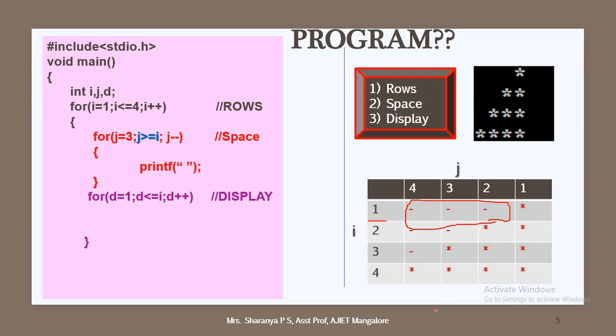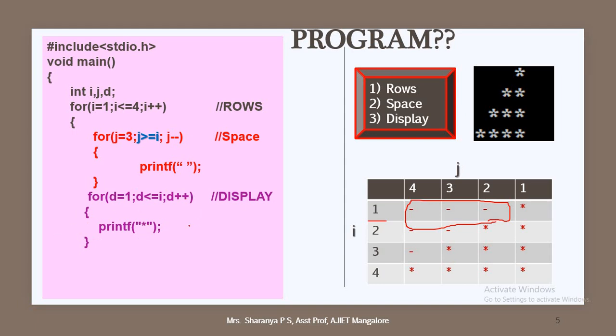It is in incrementing order, so it is directly proportional to I value. That's why we have given the condition D is less than or equal to I, as we discussed in the previous pattern. So what is the major content that we have to display? That is, we are printing the star.